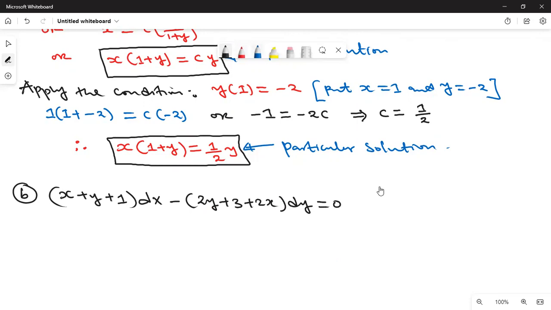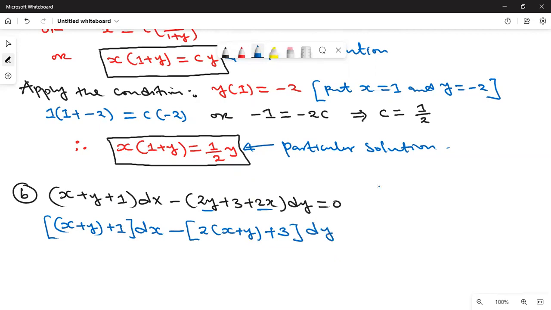Remember, this equation can be rewritten as x plus y, bracket, then plus 1 dx minus, remember 2y plus 2x can be written as 2 into x plus y, because I can see 2 is common, then there is 3, dy is equal to 0.